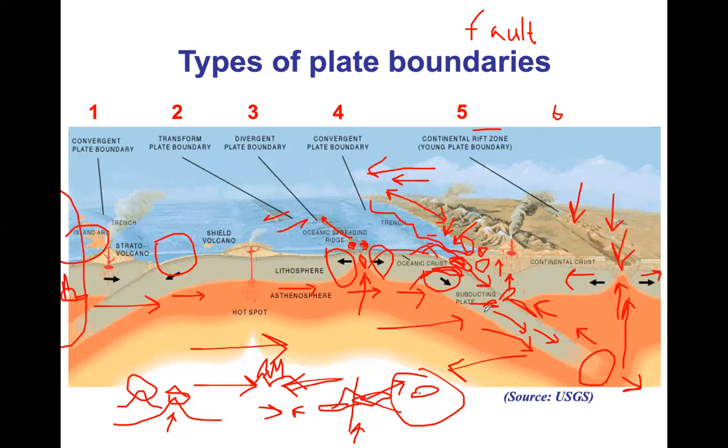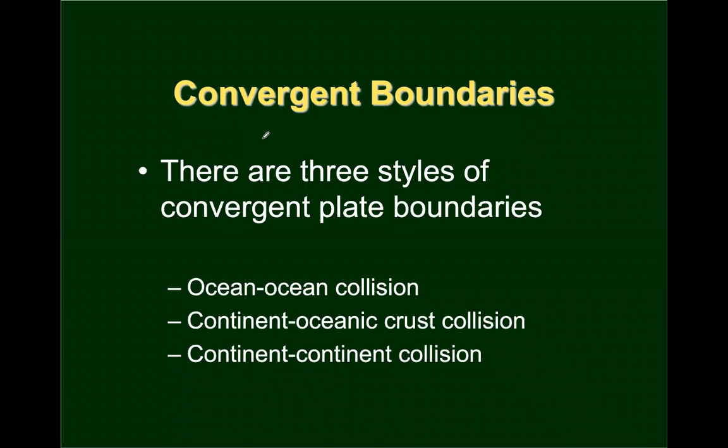These different minerals are characteristic of different tectonic boundaries, right? Out of these tectonic boundaries, we will go to the first important one, that is the convergent boundary. A convergent boundary can be of three types, as we mentioned. One is oceanic plate collision.